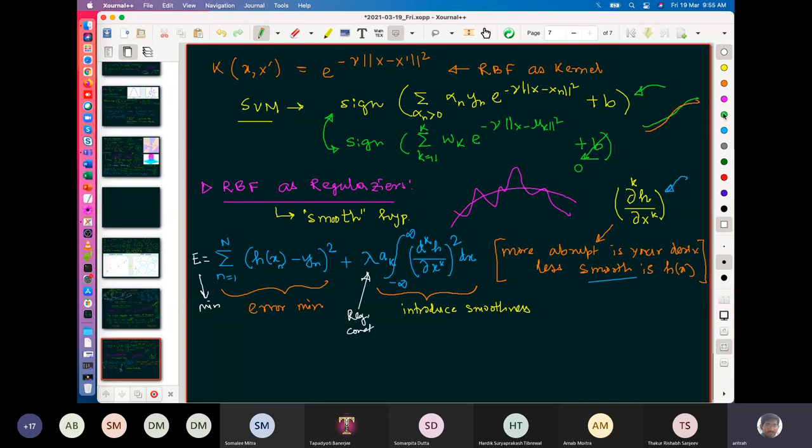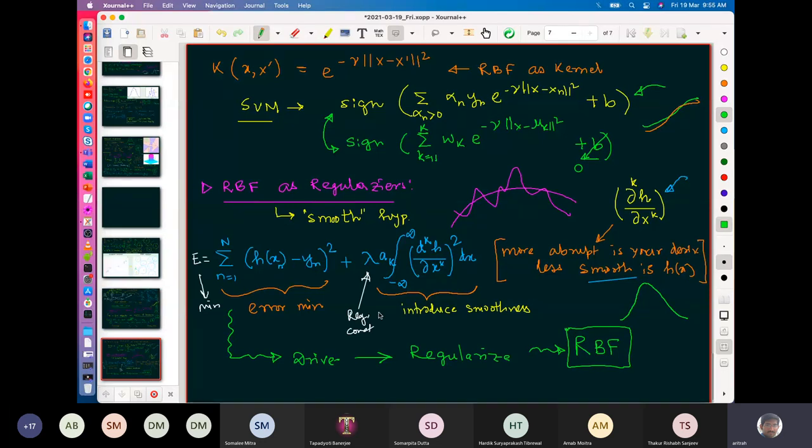Why? Because I cannot show the derivation, it's too hairy. If you derive it, what you will get, your regularizer will be an RBF only. But it is not difficult to figure out why it is an RBF, because obviously the influence will be smooth if you take RBF as your hypothesis.